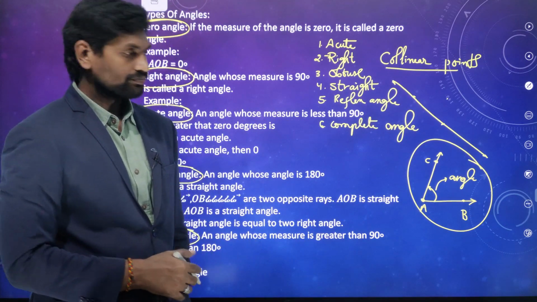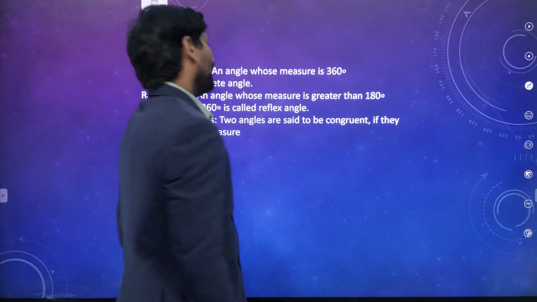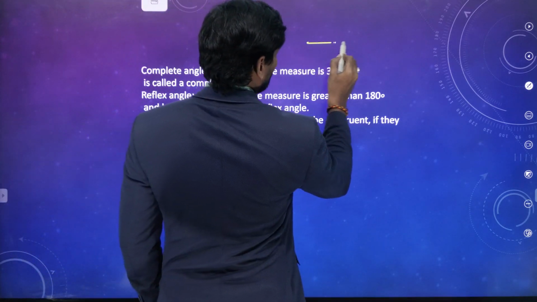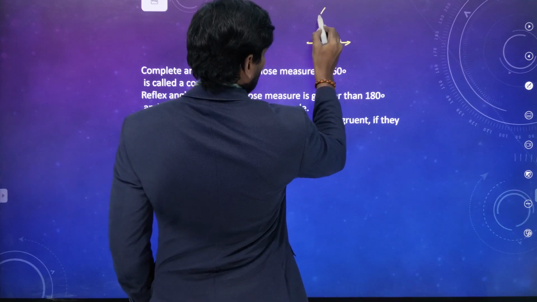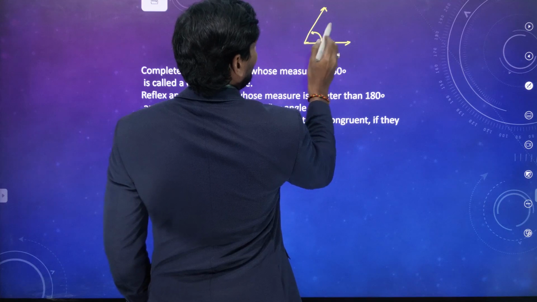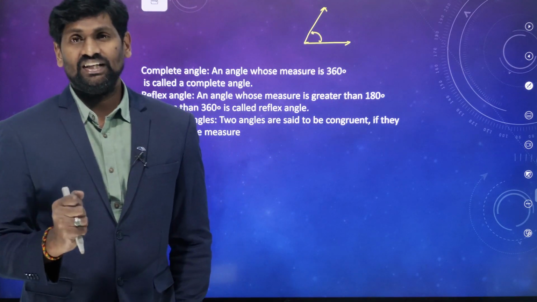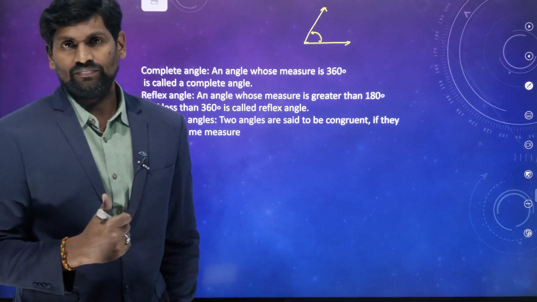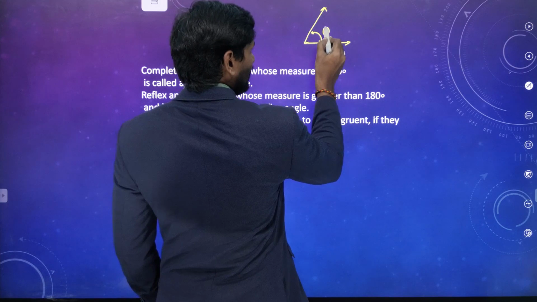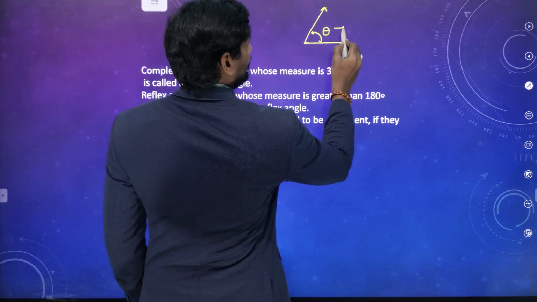Okay, let us discuss these. An acute angle is an angle whose measure is less than 90 degrees and more than 0 degrees. For an acute angle, we usually use the symbol theta.